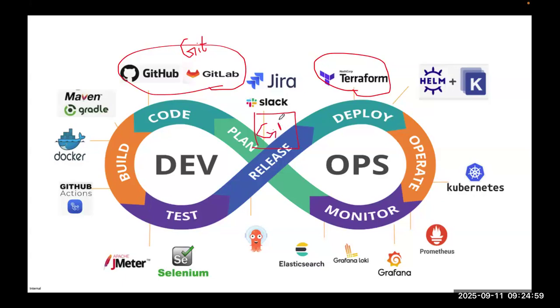So you can say terminal, CLI, whatever it is. So you'll be writing Terraform code here. And in order to push your code to GitLab, you need an SSH key. You need the SSH private key on the local machine, and the public key on the GitLab server.